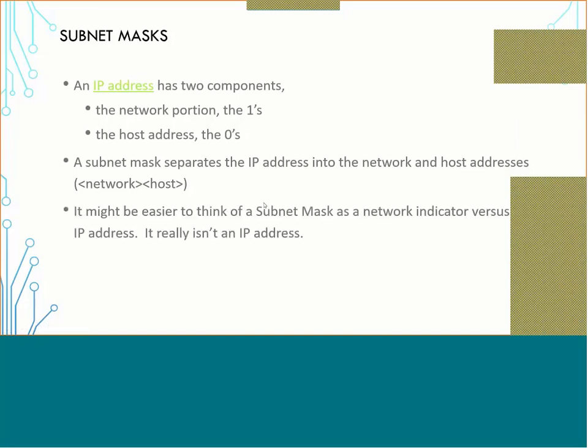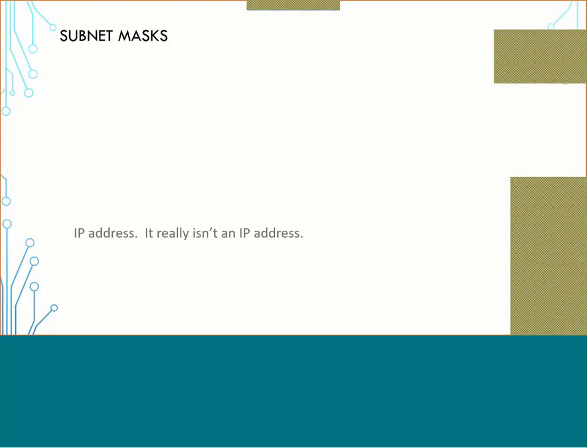So again, I like to think of the subnet mask more as an indicator because we're using the ones and the zeros to help us indicate what part of my unique IP address is the network and what part of my unique IP address is the host, okay? So a subnet mask isn't really an IP address. Think of it as an indicator, okay?